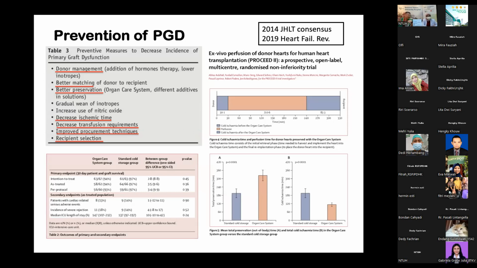So I hesitate to advocate this kind of machine unless the payment is by the government or by the hospital. But the hospital usually does not take it because it's too expensive. But for the government, it's also too expensive. So we suspend there. Okay.